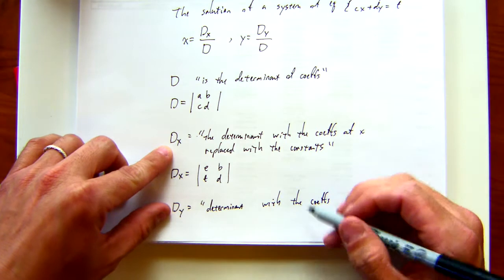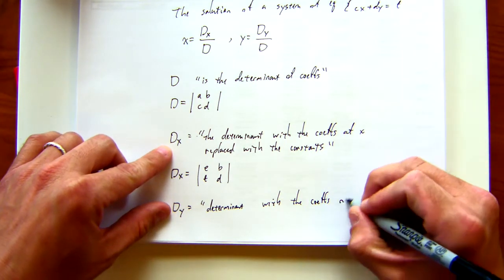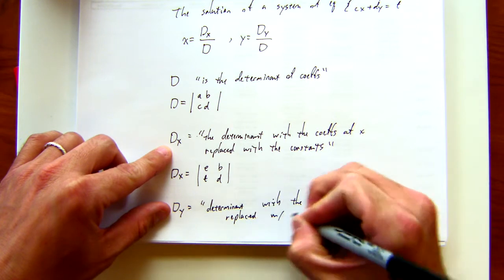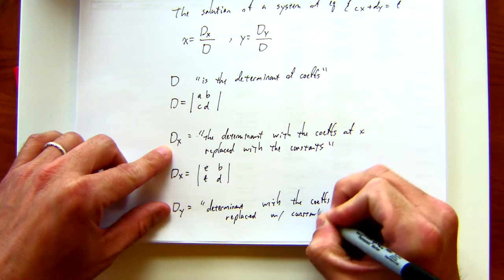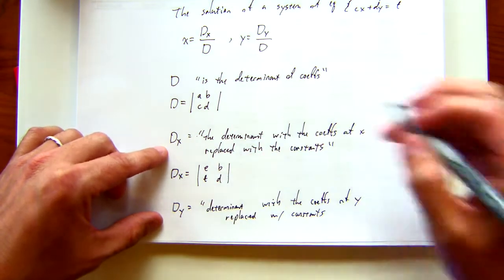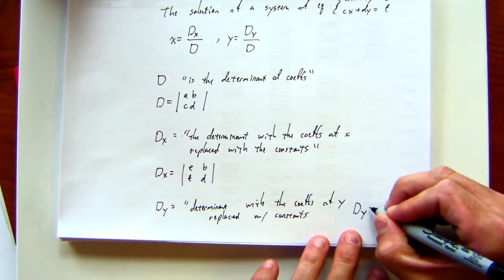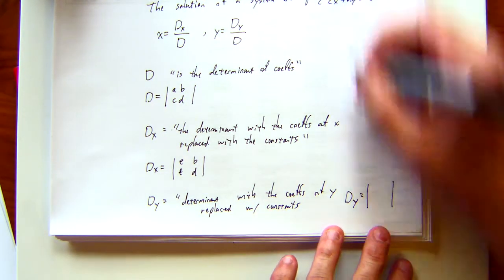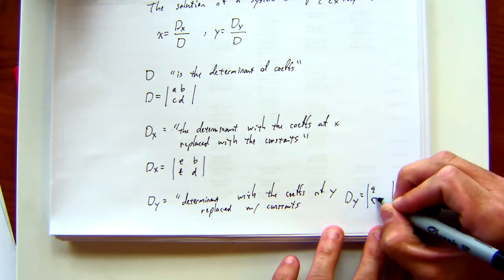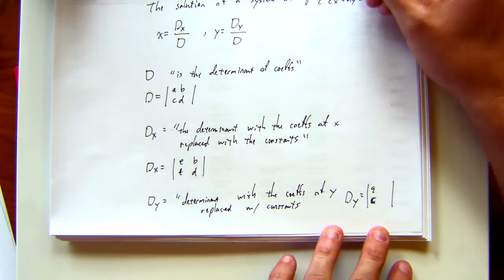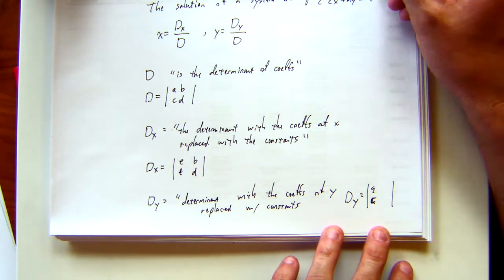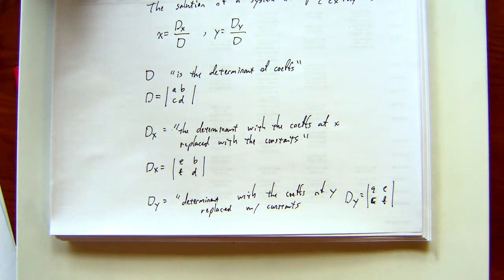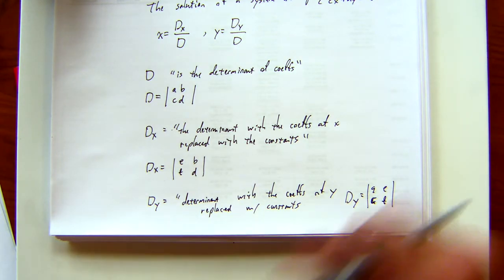For y, we're going to replace the y column, the coefficients of y, again with the constants. I'm running out of room, so I'll put it over here. Dy is going to be the determinant of a and c, still there for our x column. But instead of using b and d, I'm going to use e and f.